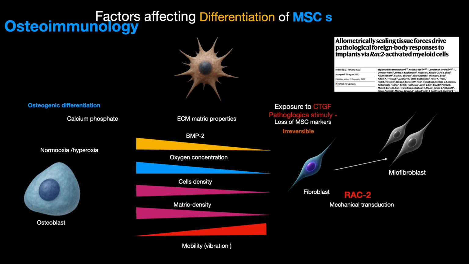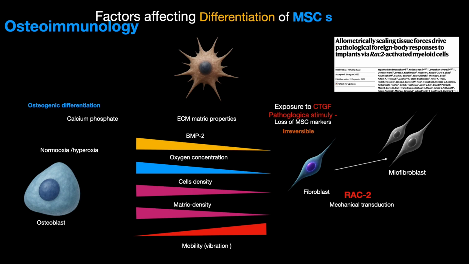The other type of transformation is between osteoblast and fibroblast. And from the research, what we got is, again, bone morphogenic protein 2 in high concentration, higher cell density, higher matrix density, and low mobility will guide the mesenchymal stem cells into osteoblasts.